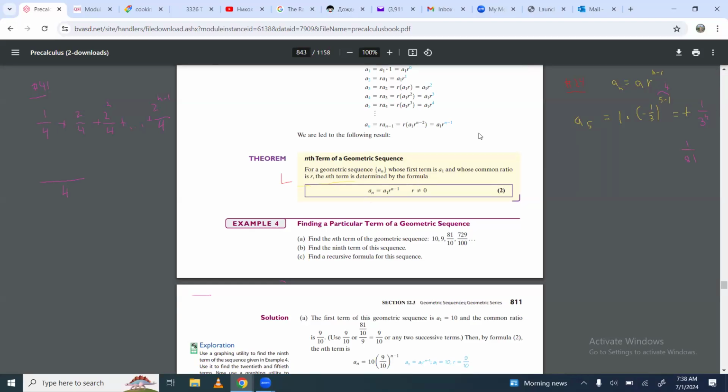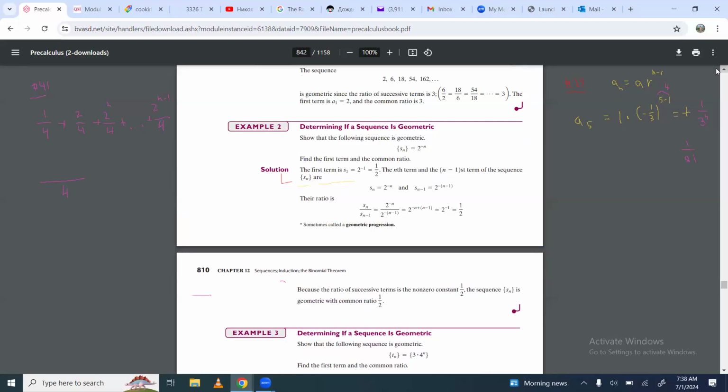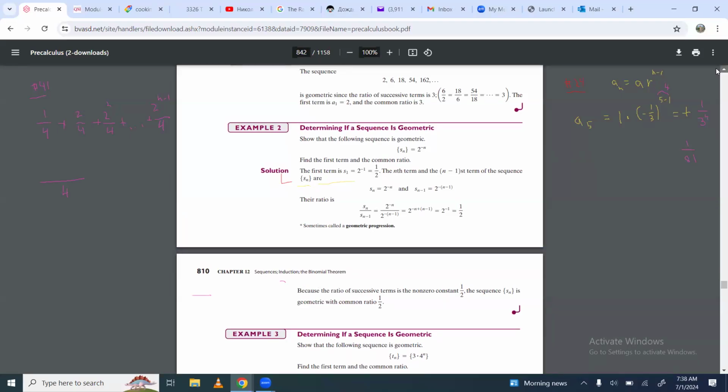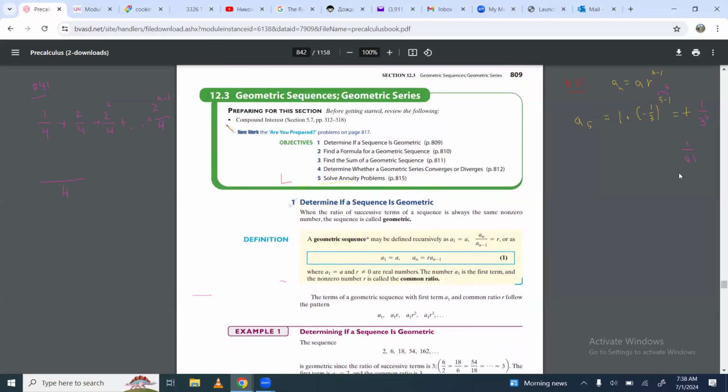That's the one that we saw before. But how can we actually present this using a formula? And actually, I don't think they've given you any formulas here. So for this section, they don't really discuss anything here.